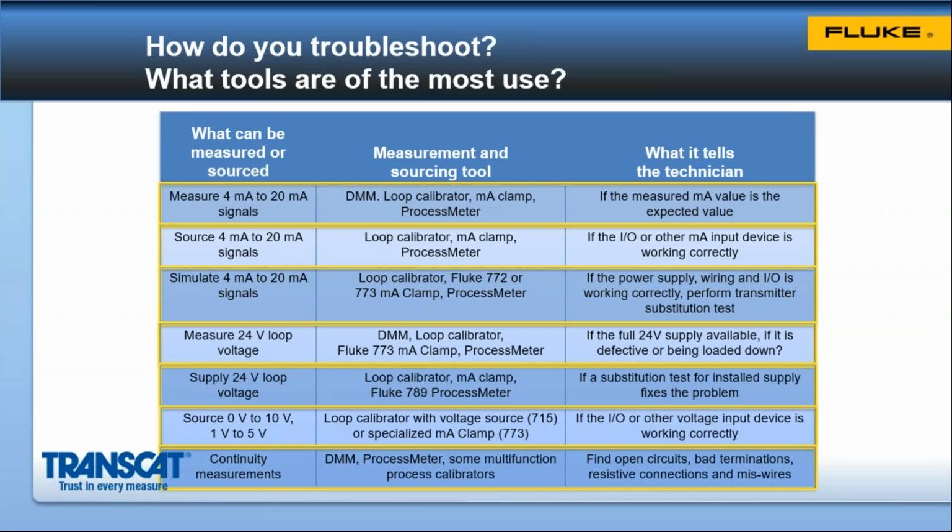Simulating 4-20 milliamp signals is a very powerful and useful and often confused function of loop calibrators. Loop calibrators, some clamp meters and process meters and multifunction calibrators have this milliamp simulate function built into them.